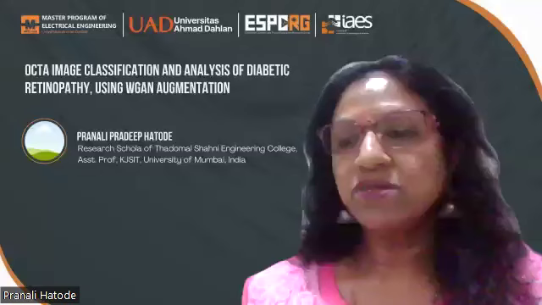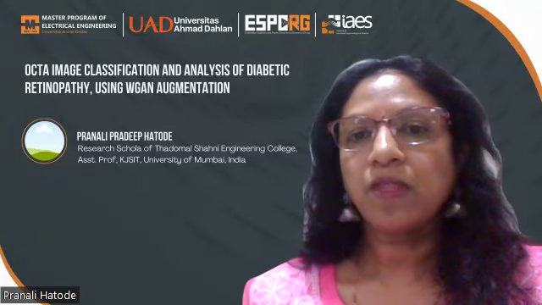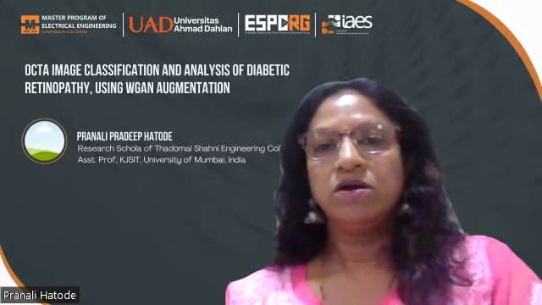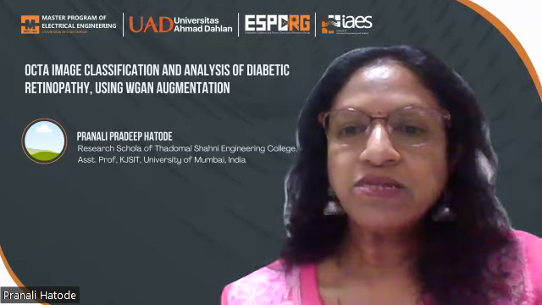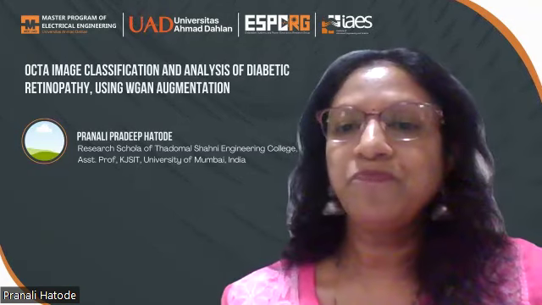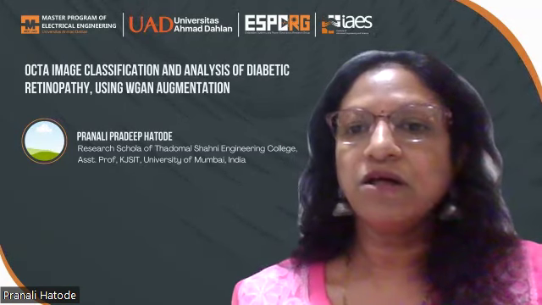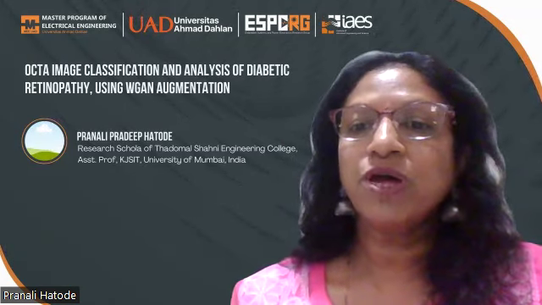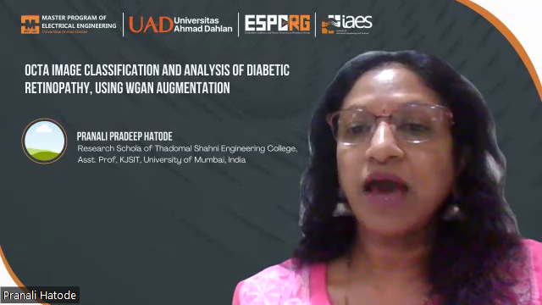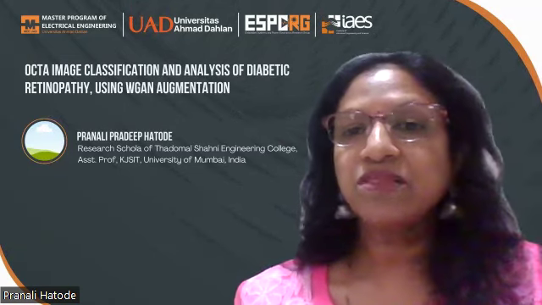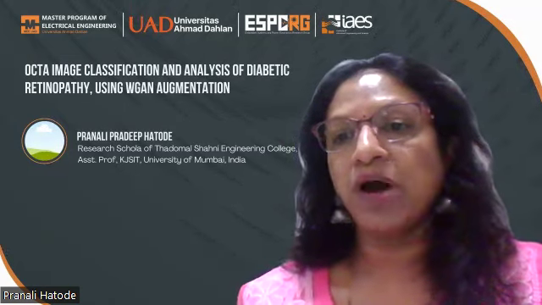Now, to conclude this, we can say that WGAN gives the best augmented synthetic data for the prediction of diseases like diabetic retinopathy, where the disease elements are very minute.